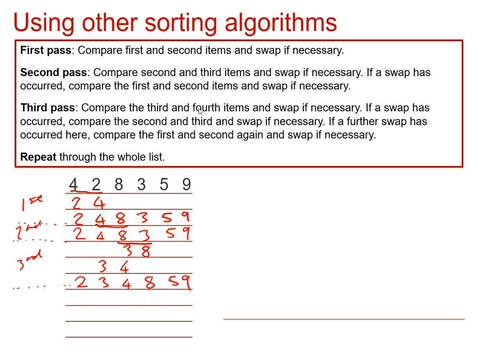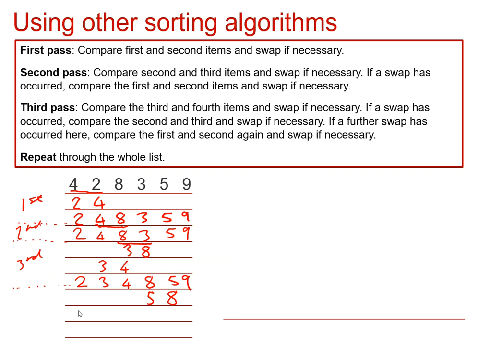Now if we keep going, the fourth pass, we're going to start by looking at the fourth and fifth items, so that's the 8 and the 5. They do need to be swapped. So I need to then look at the third and fourth item, that's the 4 and the 5. They don't need to be swapped. As soon as I don't need to do a swap, I then stop.